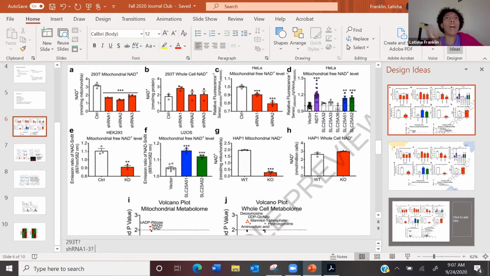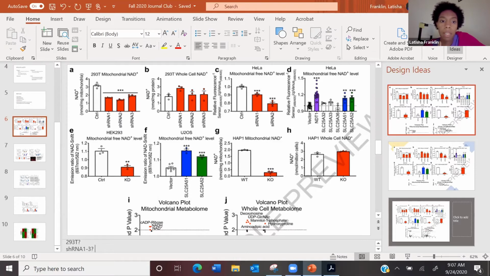It's not like they just got this data as a fluke, a 1 in a million chance. No, when you knock down shRNA1 you are going to get this response. So in this case, you have significantly less NAD in the mitochondria when knocking down all 3 of these. Most predominantly, I see that in shRNA2 you have the most knockdown, whatever that one is.